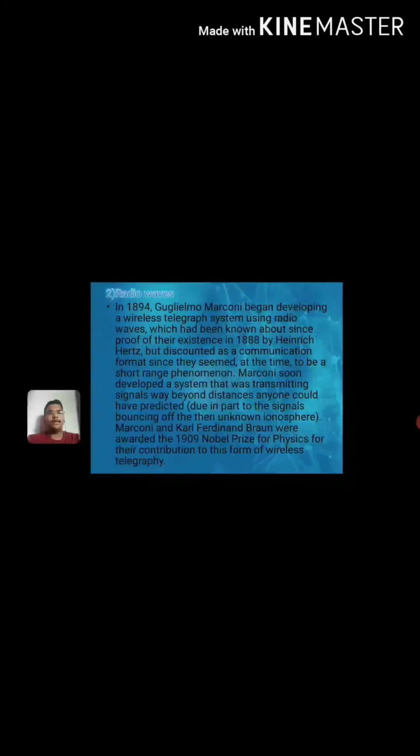It happened because the signals were bouncing back from the ionosphere. Marconi and Karl Ferdinand Braun were awarded the 1909 Nobel Prize for Physics for their contribution to wireless telegraphy.